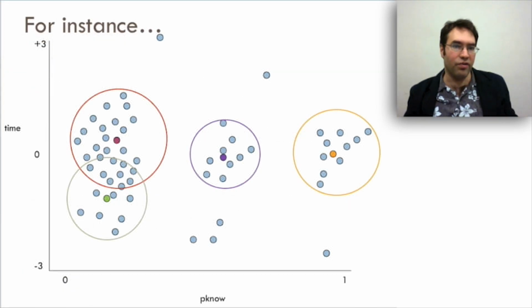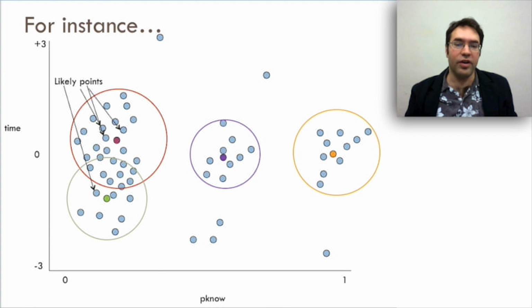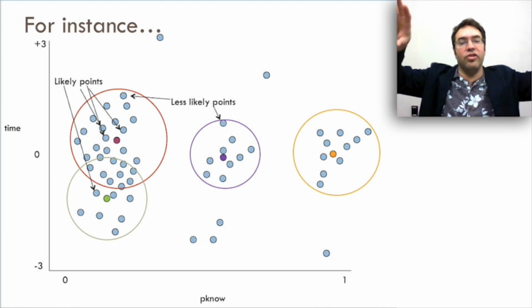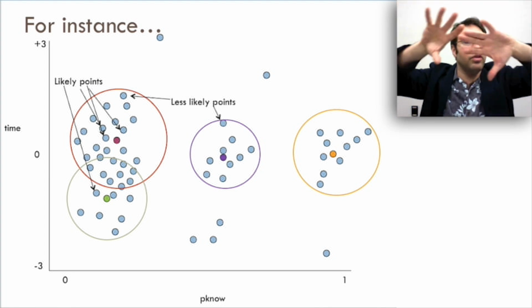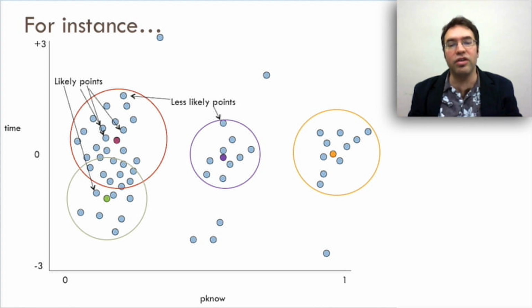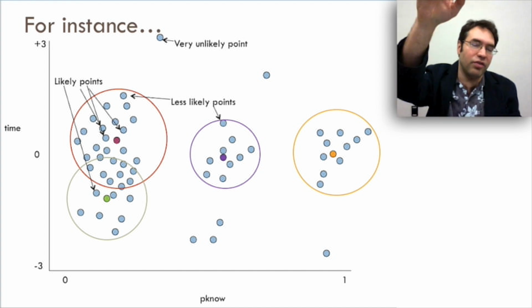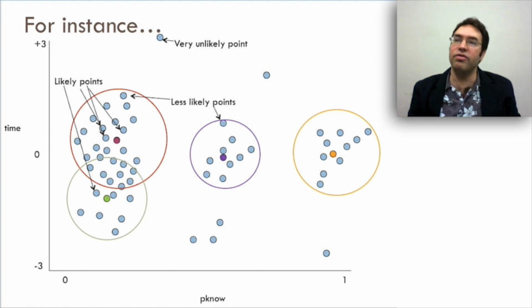So for instance, for this set of 4 clusters, these are very likely points because they're very close to a centroid. These are less likely points because they're on the edge. They're still relatively likely because they're within the radii, but they're less likely if you really think that data is clumped by these centroids. And finally, this up there is a very unlikely point because it doesn't fit based on this clustering scheme.